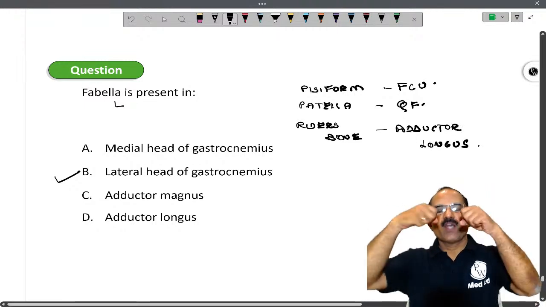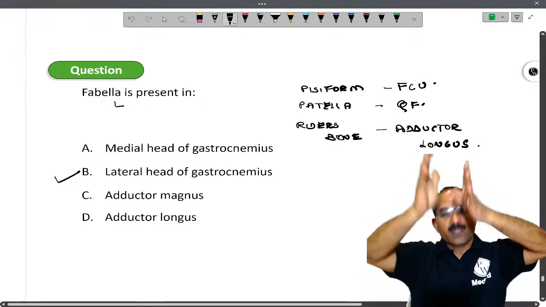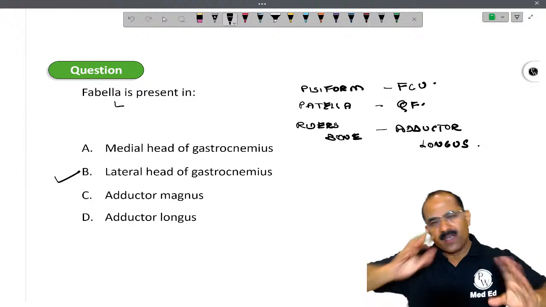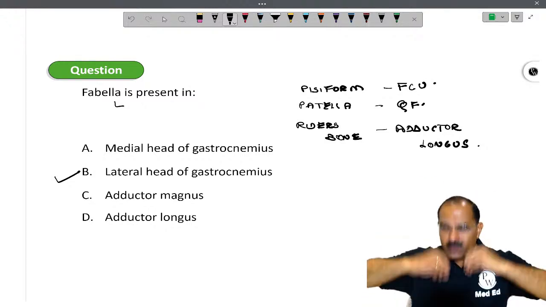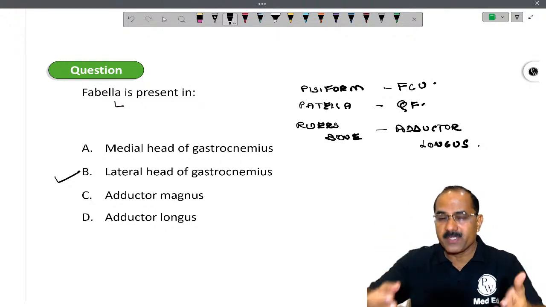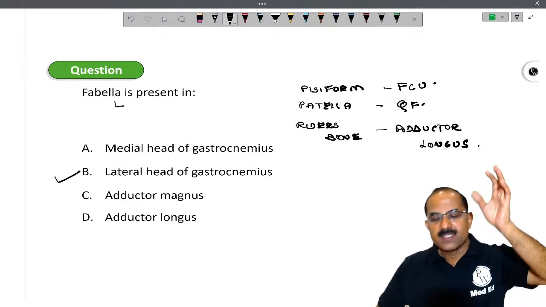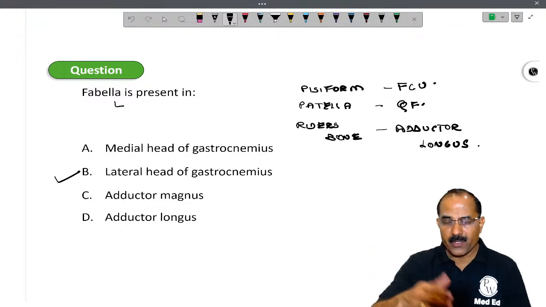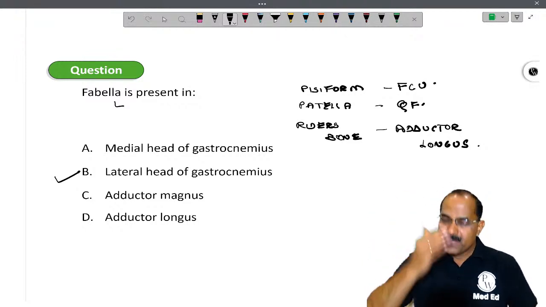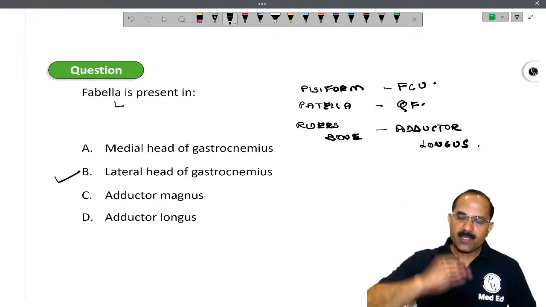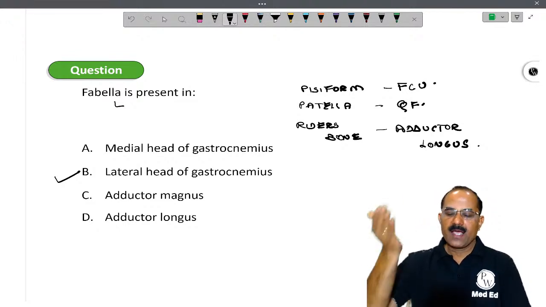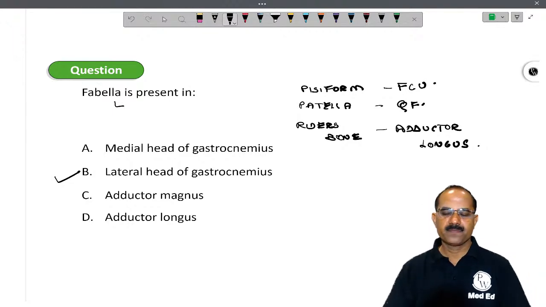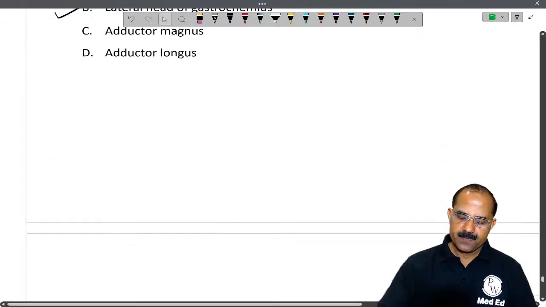In horse riders, the medial aspect of the thigh rubs against the saddle of the horse. There is friction, and in due course of time a sesamoid bone is formed in the tendon of adductor longus, which we call rider's bone. So flabella is a sesamoid bone in the lateral head of gastrocnemius, pisiform in flexor carpi ulnaris, patella in the tendon of quadriceps femoris, and rider's bone is developed in the tendon of adductor longus. Just remember this.